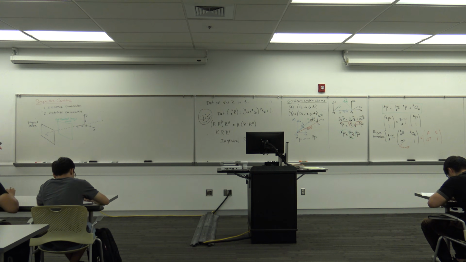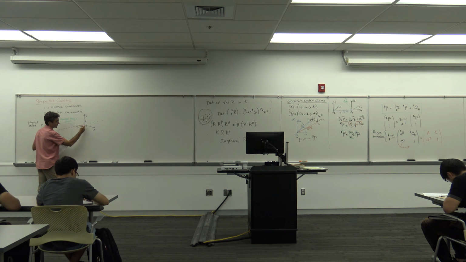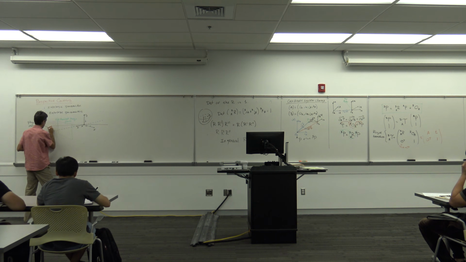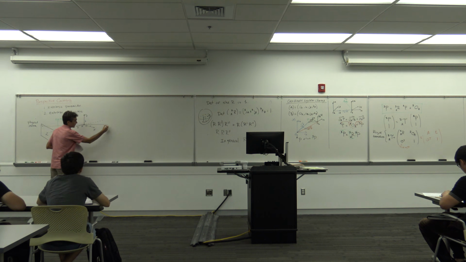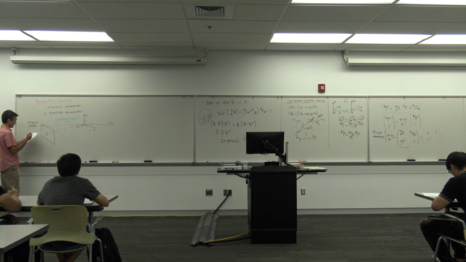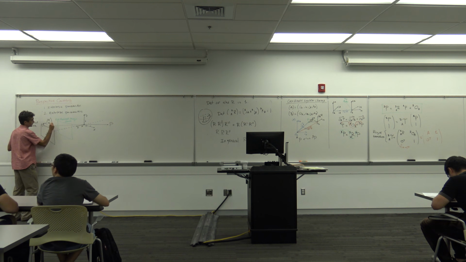What are those parameters? Okay, so for a point P in the real world, remember, capital P, I'm going to get a small p, which is equal to U, V, right?